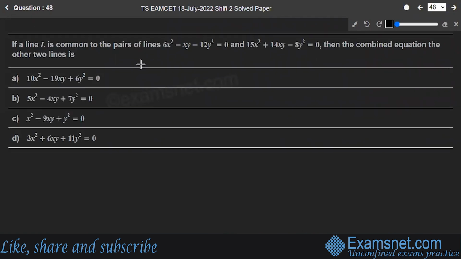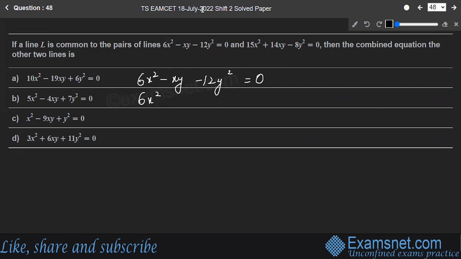It says, if a line L is common to the pair of lines 6x squared minus xy minus 12y squared is equal to 0 and this, then the combined equation of the other two lines will be. So first, 6x squared minus xy minus 12y squared is equal to 0. Let's do splitting the middle term.